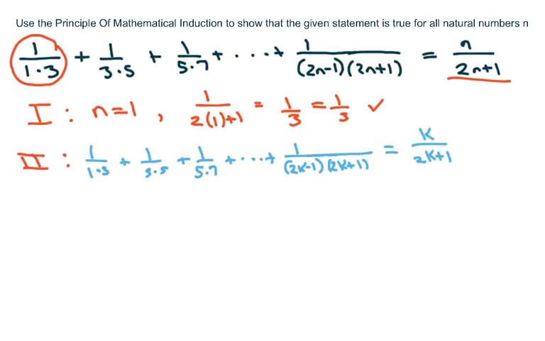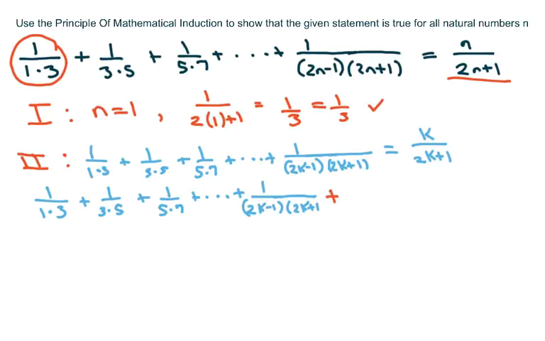So I'm going to write this again. We have 1 over 1 times 3, plus 1 over 3 times 5, plus 1 over 5 times 7, plus dot, dot, dot, plus 1 over 2k minus 1 times 2k plus 1. And now my next term is going to be 1 over, and what we're doing here is I'm going to look at this one right here so I don't mess up.